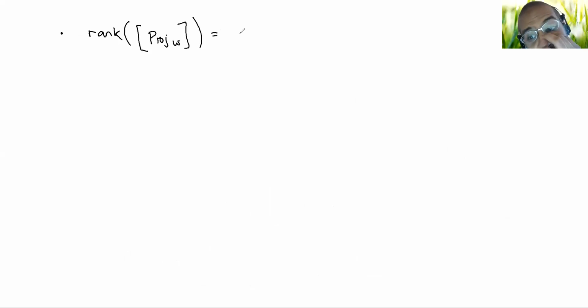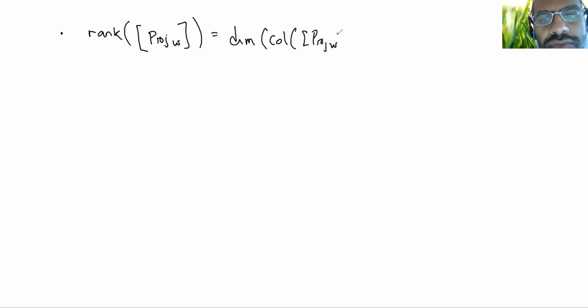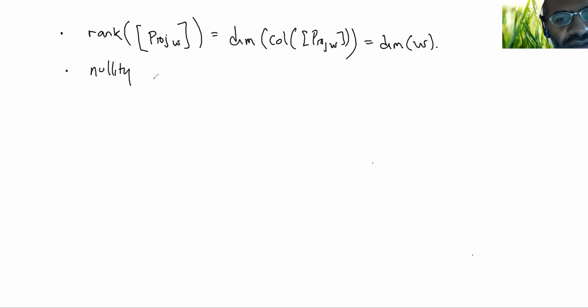So what's the rank going to be? It's the dimension of the column space of this matrix. So what's the dimension of the column space of the projection onto W? Yeah, it's the dimension of W. Right? And similarly, nullity is just the dimension of W perp.